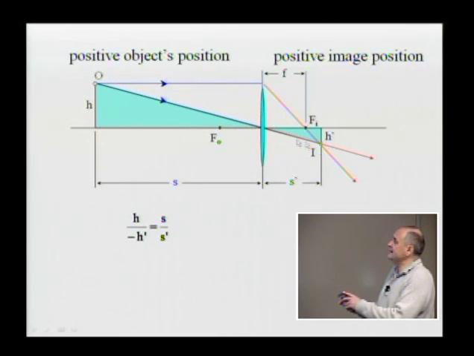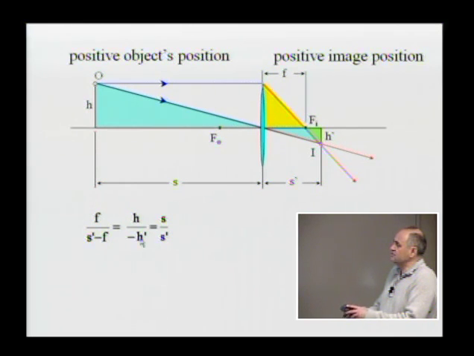Well, I can find another pair of similar triangles, these two. And now I can recognize that this height is also h. So this quotient is equal to this distance, which is the focal length, divided by this distance. And this distance is the position of the image minus the focal length.